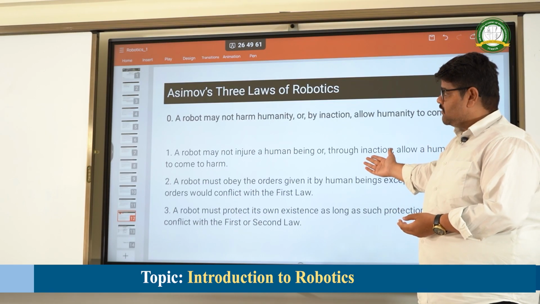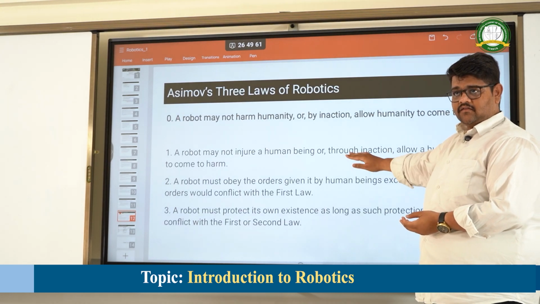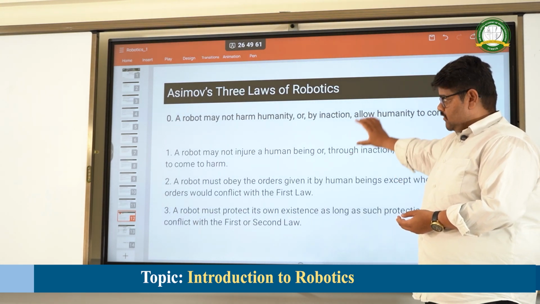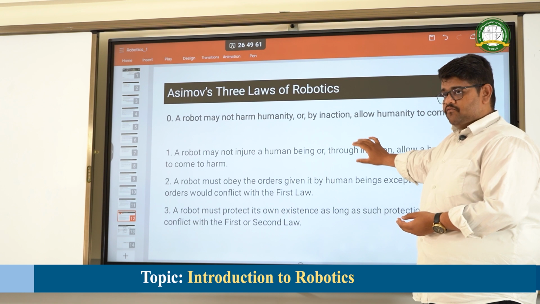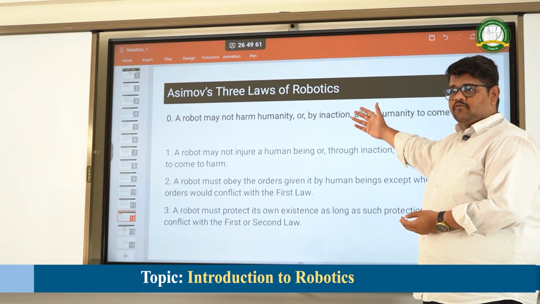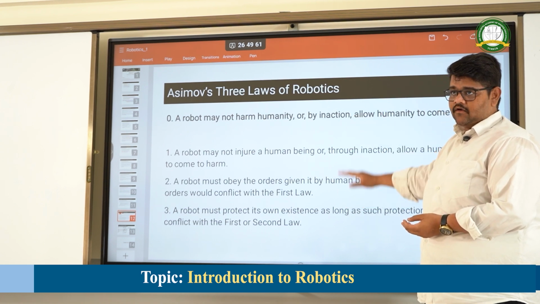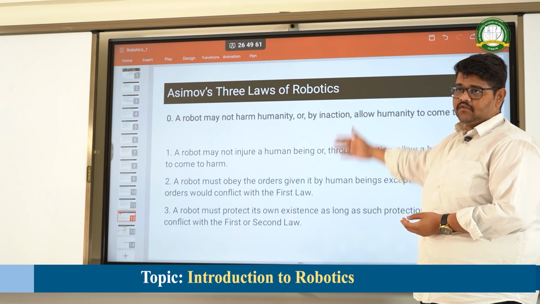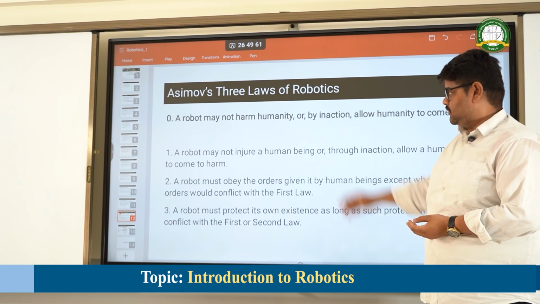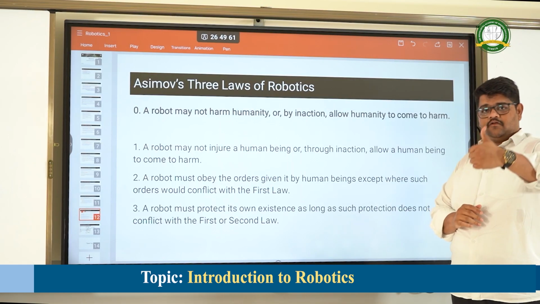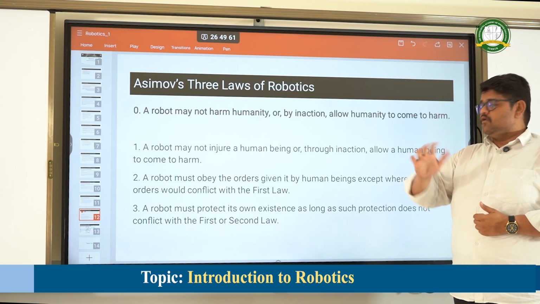So that's the meaning of the very first law. It takes precedence. We'll take a look at the zeroth law afterwards because it was not introduced yet. That's why it was introduced after the three laws and is called the zeroth law. The first law means protect human beings at all costs.